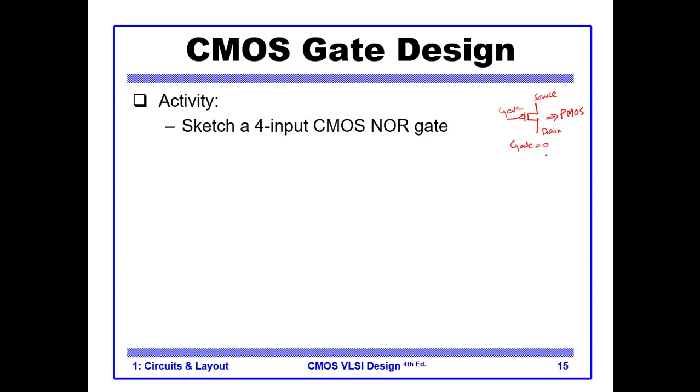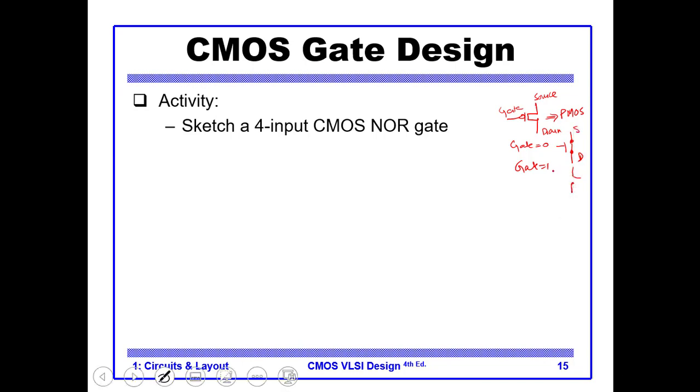the gate 0, so the source and drain will be shorted. If you gave it a 0, the source and drain will get shorted. If you gave it 1, it will be open.